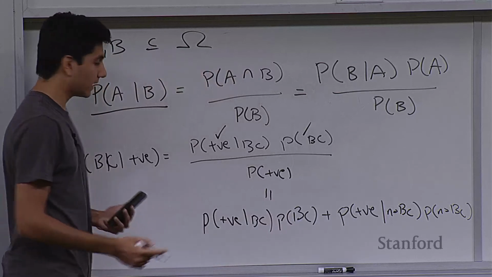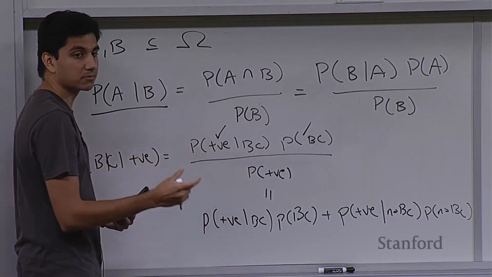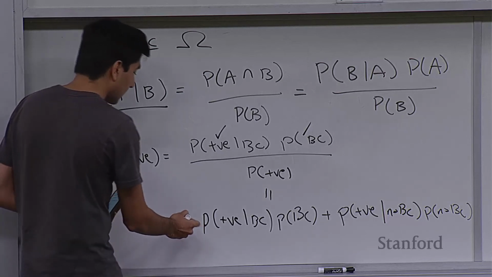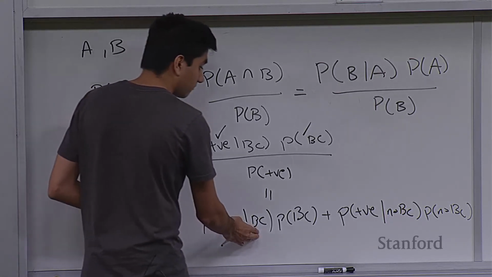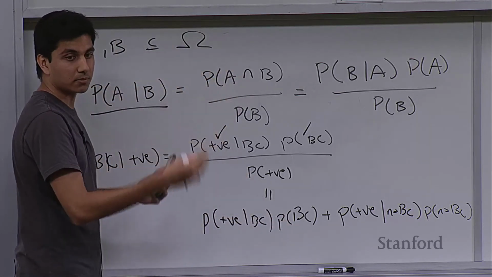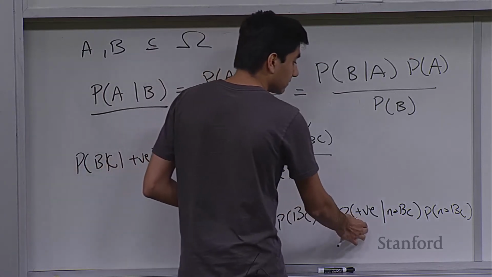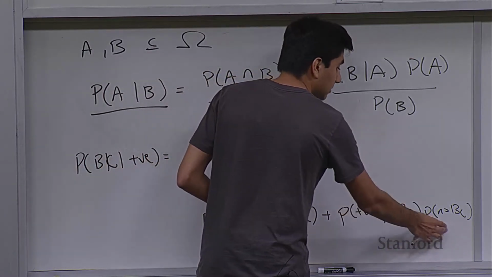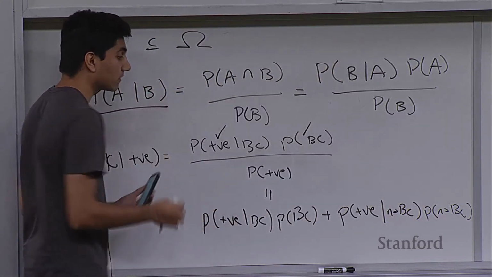What we're effectively doing here is marginalizing over the event that this person has breast cancer. The first term says: what's the probability that the result is positive given that they have breast cancer, times the probability they have breast cancer. So that's the event in which the person has breast cancer. And we're summing that with the probability of a positive result given that they don't have breast cancer, times the probability of them not having breast cancer.